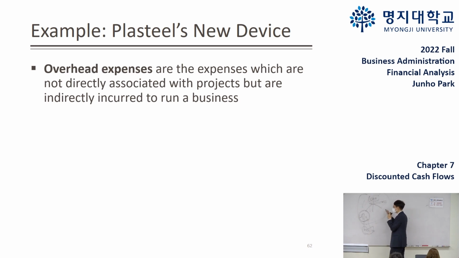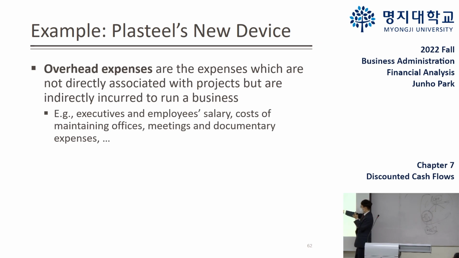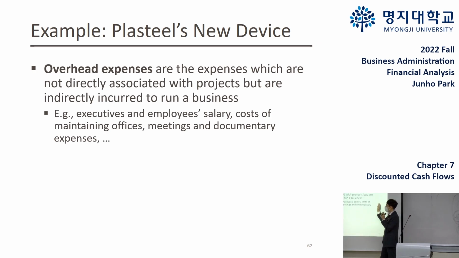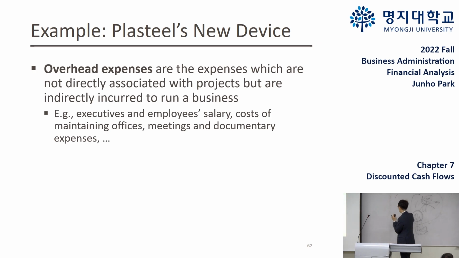And therefore, we have to consider some of the indirect costs, overhead expenses, such as executives' and employees' salaries, the cost of maintaining offices, the expenses for our meetings, and documentary expenses. We should consider them in the calculation. And generally, what we do in reality is that we have some kind of internal guidelines.